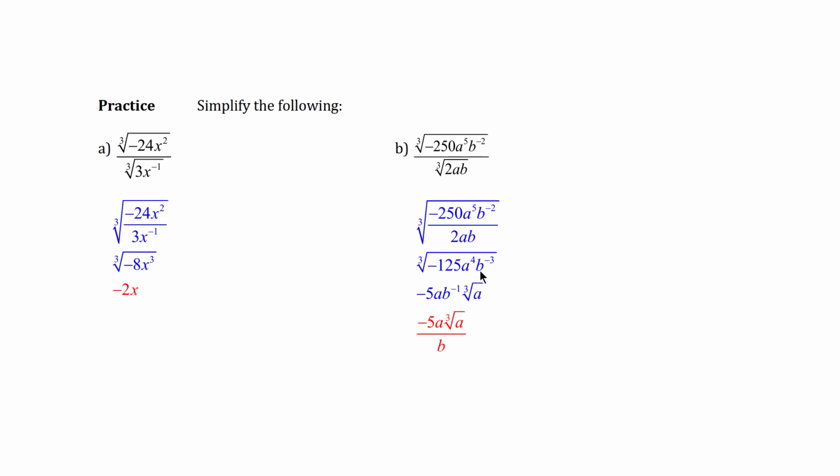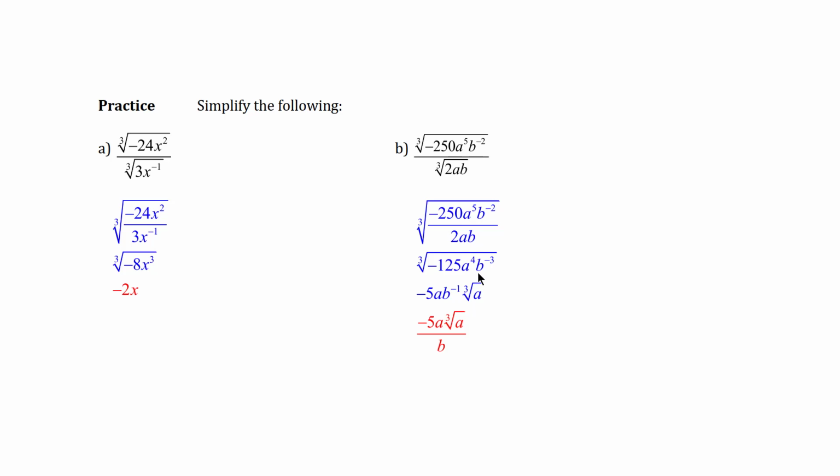Next, we take the cube root of negative 125, which is negative 5. Next, we take the cube root of a to the 4th power. We just take the exponent 4 and divide it by 3. 3 goes into 4 one time, which means we have 1a on the outside of the radical, and we have a remainder of 1, which means we still have 1a underneath the radical.